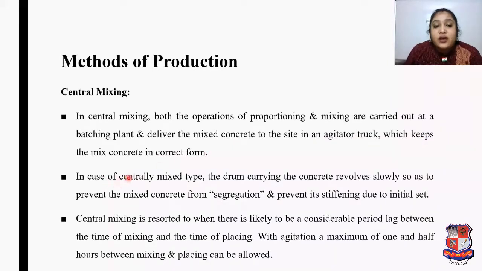In the case of the centrally mixed type, the drum carrying the concrete revolves slowly so as to prevent the mixed concrete from segregation and stiffening due to initial set. Central mixing is resorted to when there is likely to be a considerable time lag between the time of mixing and the time of placing. With agitation, a maximum of 1.5 hours between mixing and placing can be allowed.